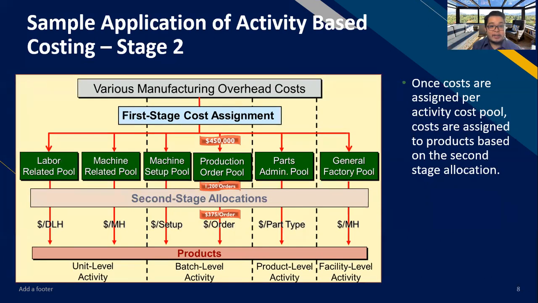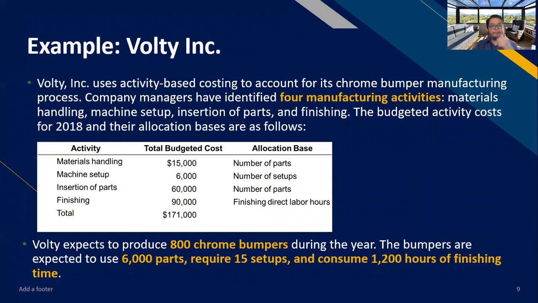Okay? And what's the second stage allocation? We now determine the drivers consumed for each activity, and it is now incorporated in how product costs are determined. Okay, so this is an example.